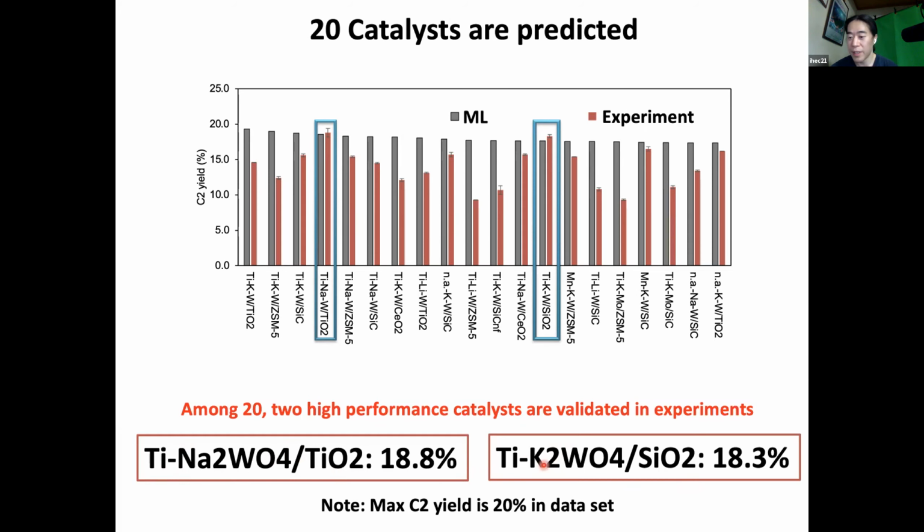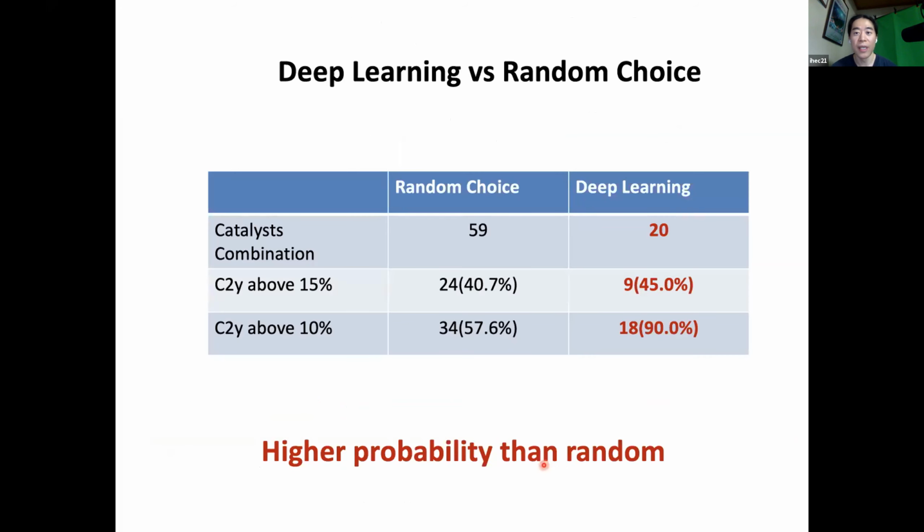And normally it takes 3 to 4 years of research to get this type of catalyst. So what we can say is that deep learning can really design the catalyst, and it's much faster than what human researchers can do. And we also compared how much better deep learning is than random choice. Random choice is random choice by human. So we did some testing here. As you can see, let's say humans picked 59 catalysts and deep learning picked 20 catalysts, and looked at C2 yield above about 10%.